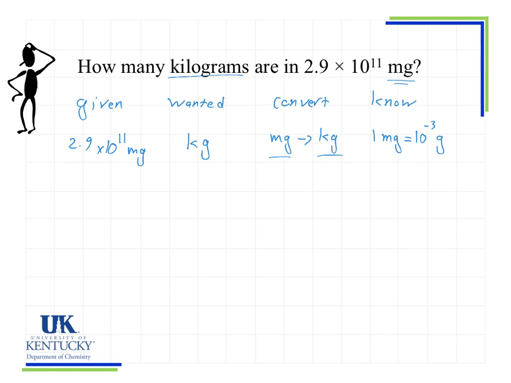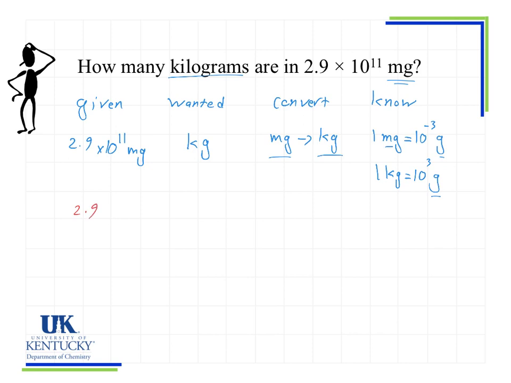Again, 1 goes with a prefix and the definition goes with the base unit, okay? 1 milligram is 10 to negative 3 gram. And 1 kilogram, what is kilo? It's 10 to 3. 10 to 3 gram, okay? So you see both of them have gram, so we can relate these two equalities and convert milligram to kilogram, okay?